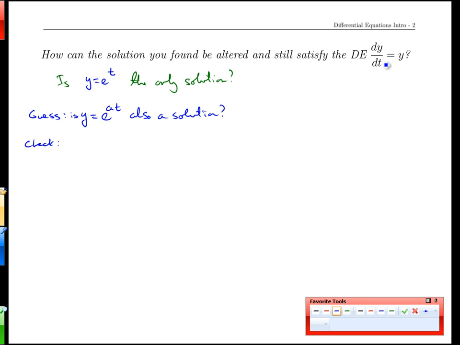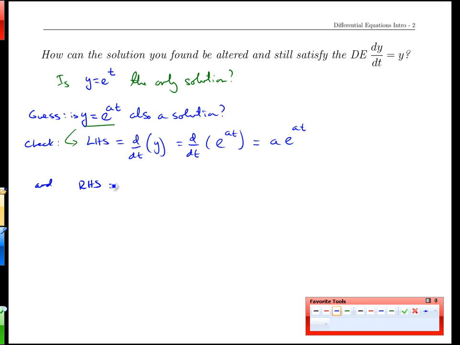Checking a solution is just as easy as plugging it into the left-hand side and the right-hand side. So we take our solution here and put it in the left-hand side, which would be the derivative of y. And we said, here's our proposed solution, e to the at. And if we differentiate that, we'll end up with a e to the at. Meanwhile, the right-hand side, which is just y, is e to the at.